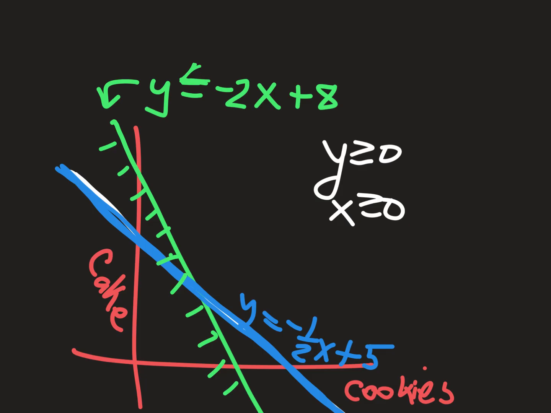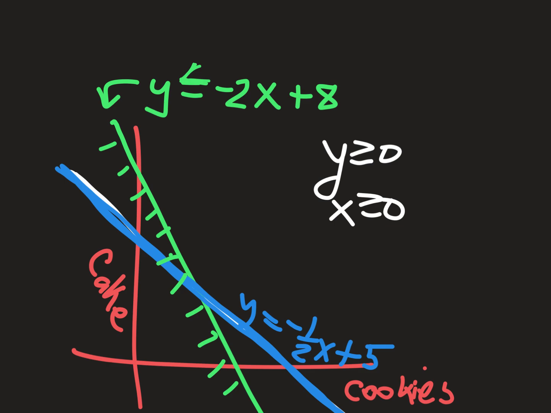Now, where does the shading go for that? Take a second and shade properly, reflecting the real world constraints. It's a line, and it's shaded on one side of the line. In case you get confused, I do too. I go x-axis is y equals 0.